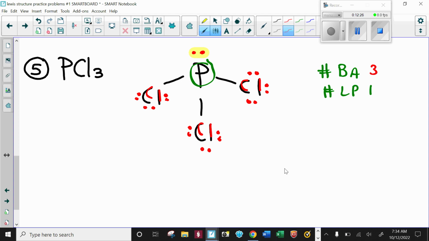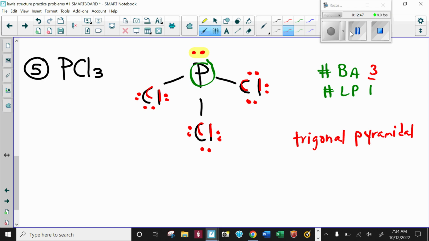So I go to my reference chart, 3 bonding atoms, 1 lone pair. So I would say 3 means tri, right? So this is going to be trigonal something. But the fact that it only has the 1 lone pair is going to make it trigonal pyramidal, however you prefer to say it.